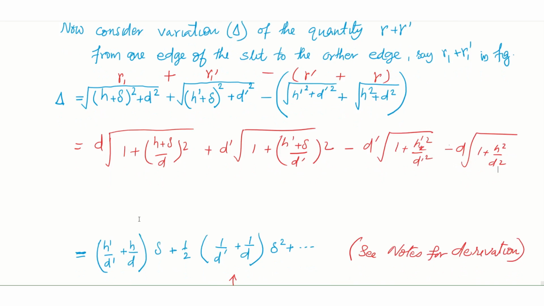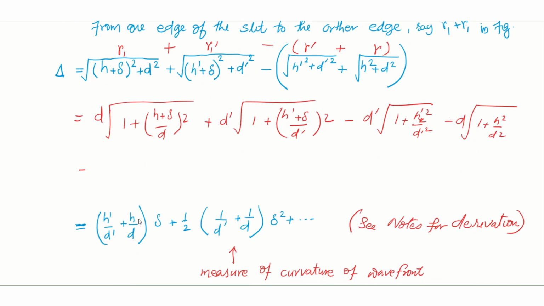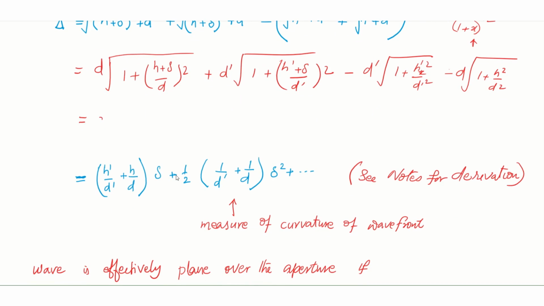Now if you simply take the first terms in the series expansion of 1 plus x raised to half, where x is small, that is d times 1 plus half of h plus delta over d, whole squared, plus the other terms.